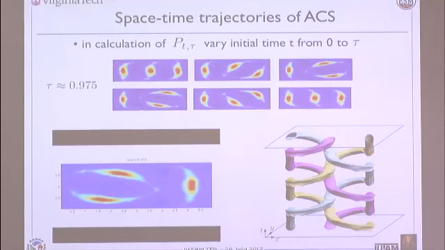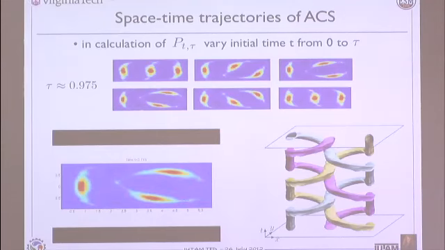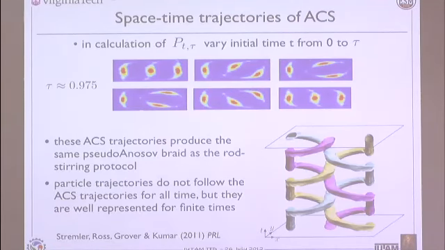It's looking at the almost cyclic sets with the initial time parameterized to show you, if we start at a different time, where do these sets sit in space. Okay? And you can look at the braid that's generated by those. So these produce the ACS.